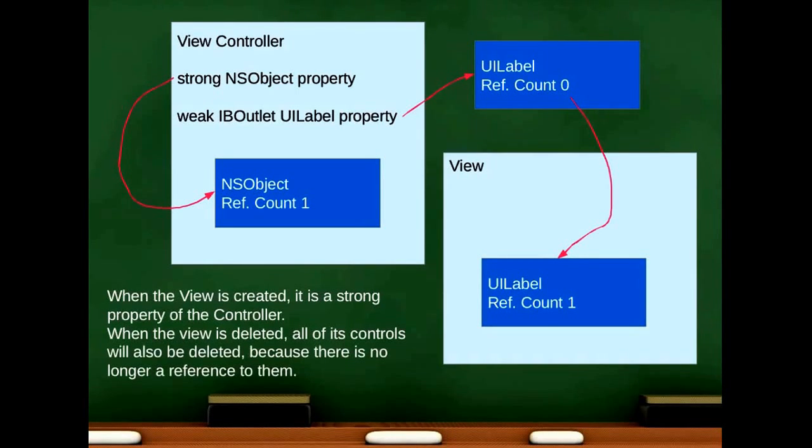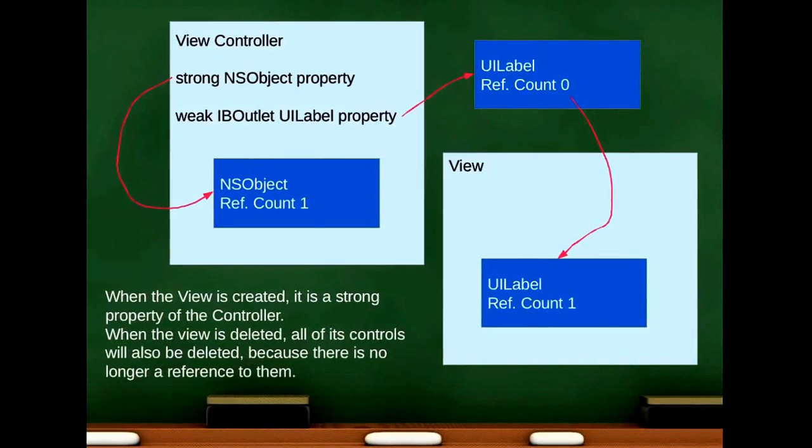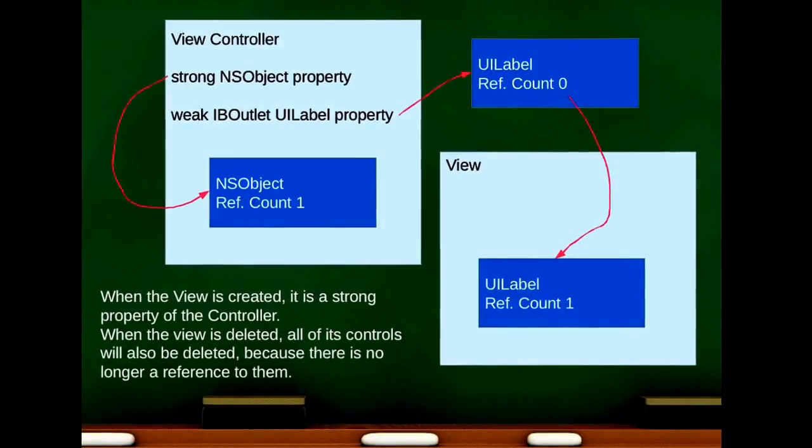That view itself is a strong property of the controller. When that view is deleted, if all of its controls were made weak by the view controller, all the controls will then have a reference count of 0 because there's no reference to them, because their view has been deleted, and they will be deleted as well. So this is the difference between a strong and weak property.